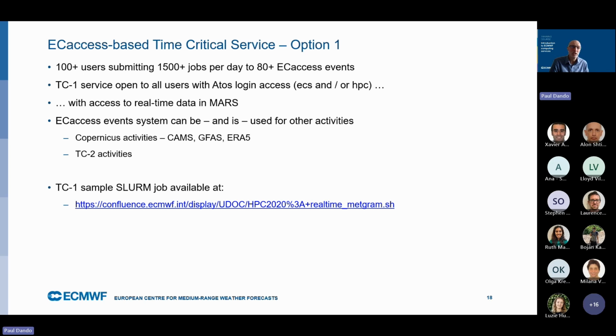I think Météo France have some events defined for when their seasonal forecast data is available. As I mentioned before, for the CAMS and the GFAS there are also events defined for when these data are available. It's also being used by some time critical option 2 users, and Alan will tell you more about that in the session that follows this.